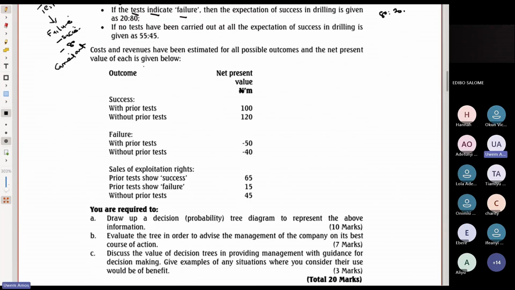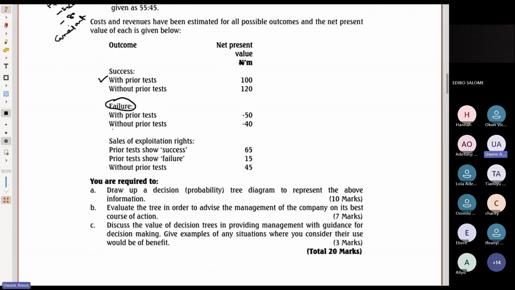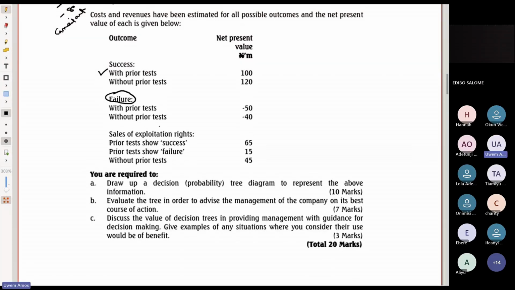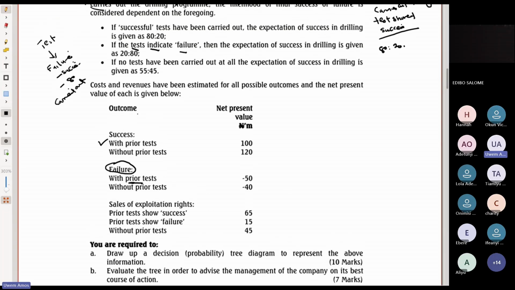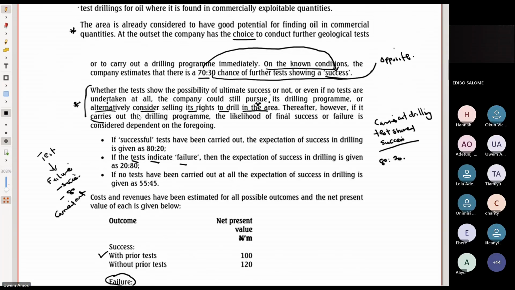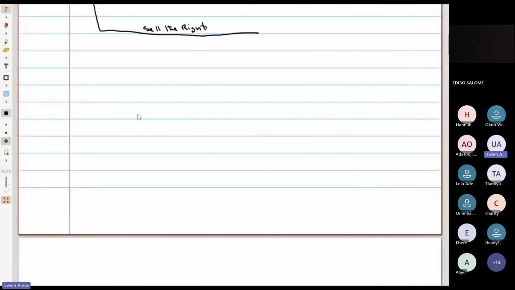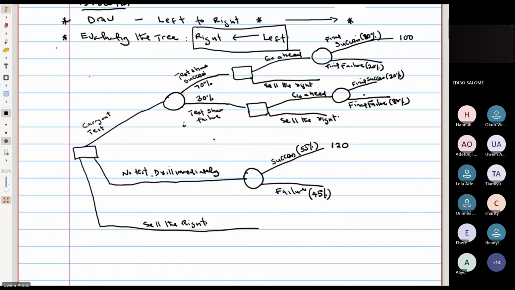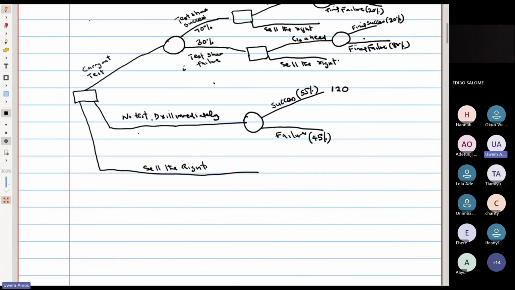So we are done with success. So let's move on to failure. We have a final value of failure. We carried out a test, so with prior test. So where do we have a final value as failure and we carried out a test? Our NPV is minus 50. It cannot be on this line because we didn't carry out any test.